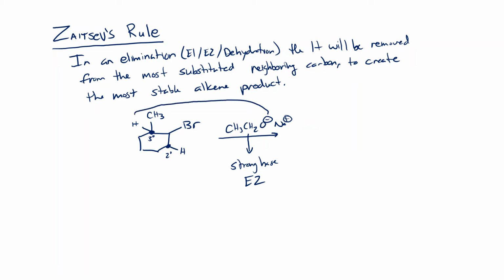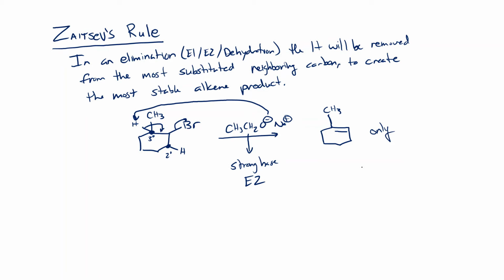Zaitsev's rule says that we will take the hydrogen from the tertiary position, make the pi bond, and kick out the leaving group. And so the product that we'll get will be only this one, right? So we'll only see this product.